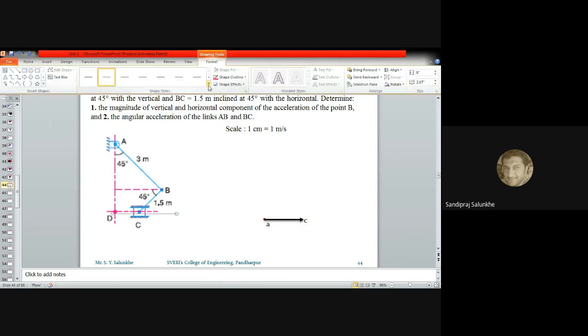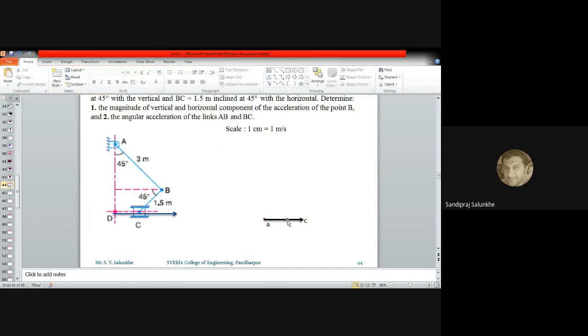That's why I have drawn this vector AC parallel to the line of reciprocation, and this indicates velocity of C with respect to A. Next step.